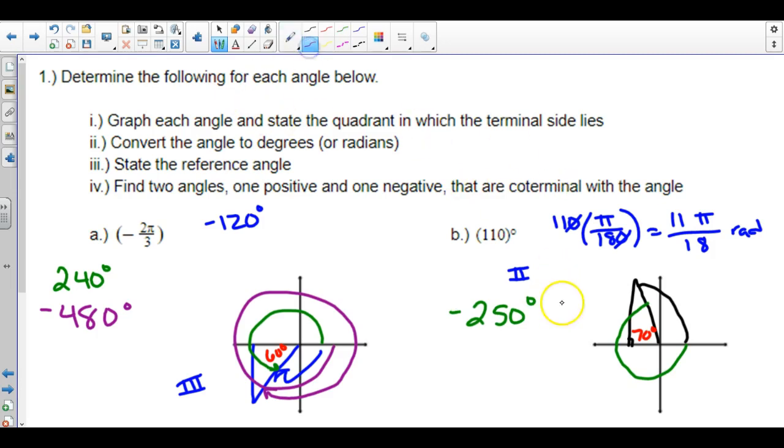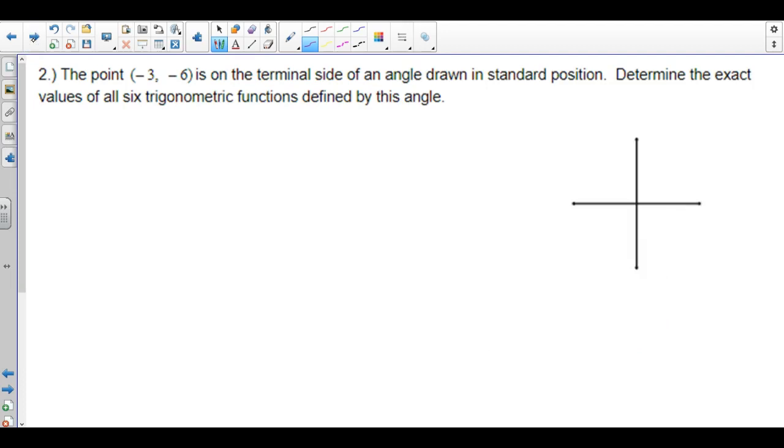And then if I were to do the same thing that I did in the last example and go counterclockwise, a full 360 plus the 110, so 360 plus 110 would give me a positive coterminal angle of 470 degrees.